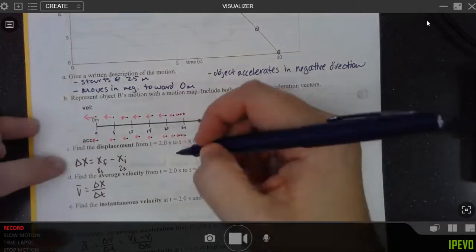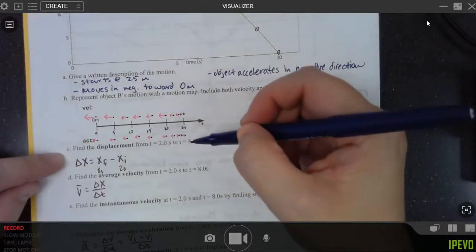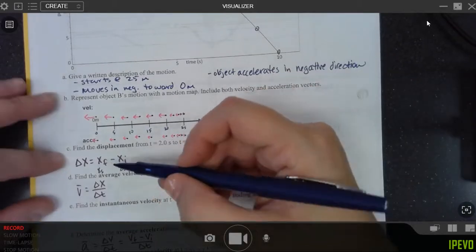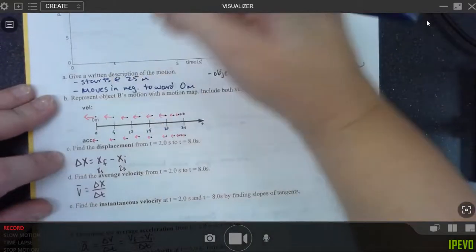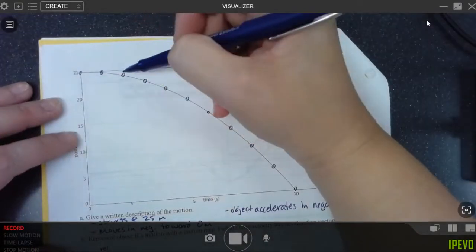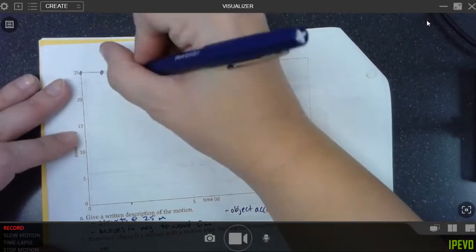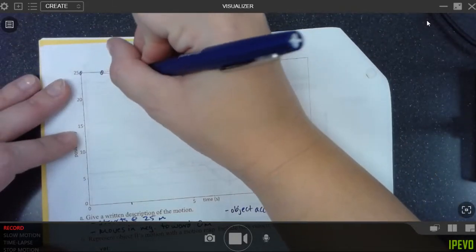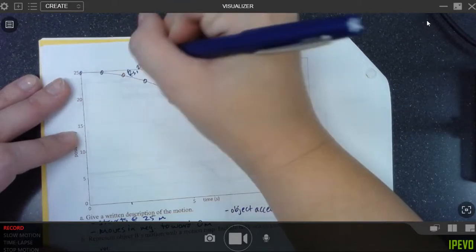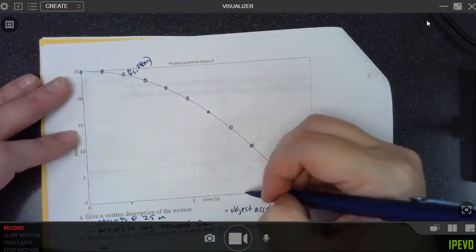All right, next, the displacement from 2 seconds to 8 seconds. So now I have to figure out what my position was at each of those. So if I look up at my graph, it looks like I've got 0, 1, 2 seconds. This looks like 2 seconds and 24 meters. And then 6, 7, 8.